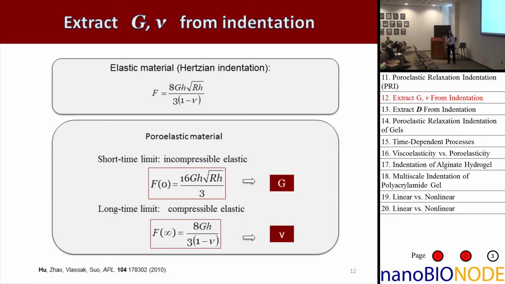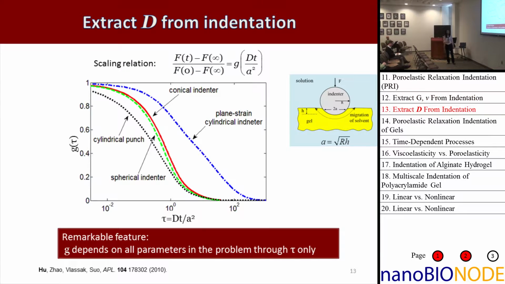So now we know G and mu. The question is about diffusivity. How do you get this information? So let's come back to this relaxation test point. If you are familiar with the Hertzian solution, the contact radius equals the square root of Rh. It purely depends on geometry, right? So during your relaxation test, if you hold your displacement, your contact area doesn't change.